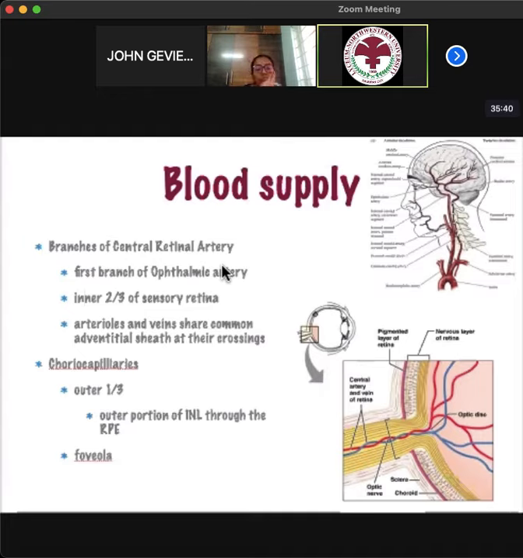Your central retinal artery would enter the eye and split into 4 branches, each supplying blood to a quadrant of the retina located in the inner retina. Very important: the central retinal artery would supply the inner 2/3 of the sensory retina.